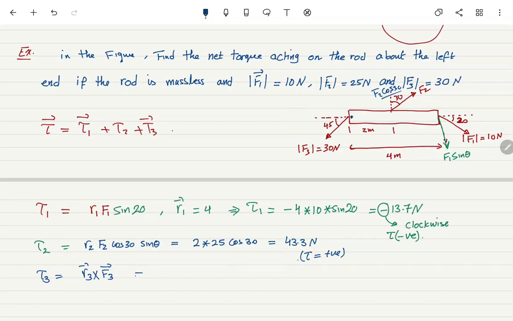So in this case R3 is equal to 0, which means no torque whatsoever from force 3. So torque 3 here is equal to 0. So the net torque in this case is equal to 29.6 newton meters.